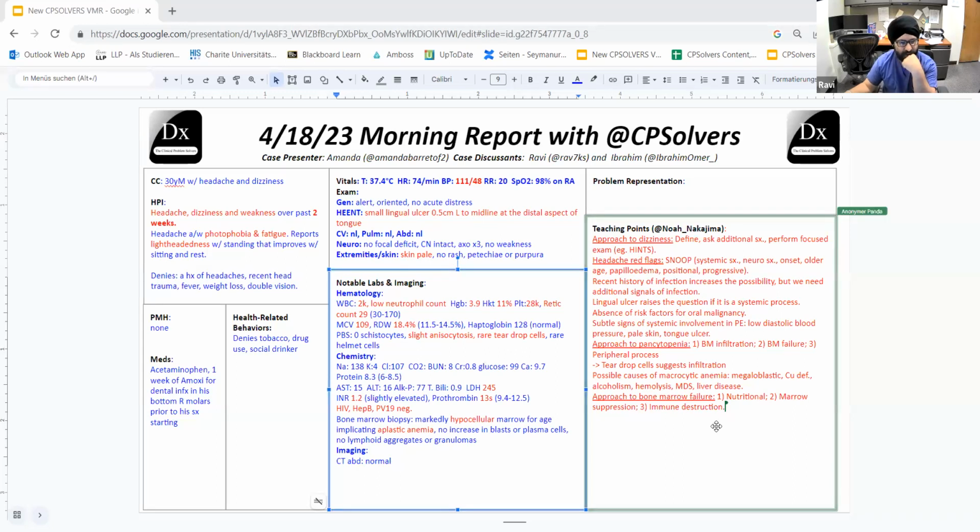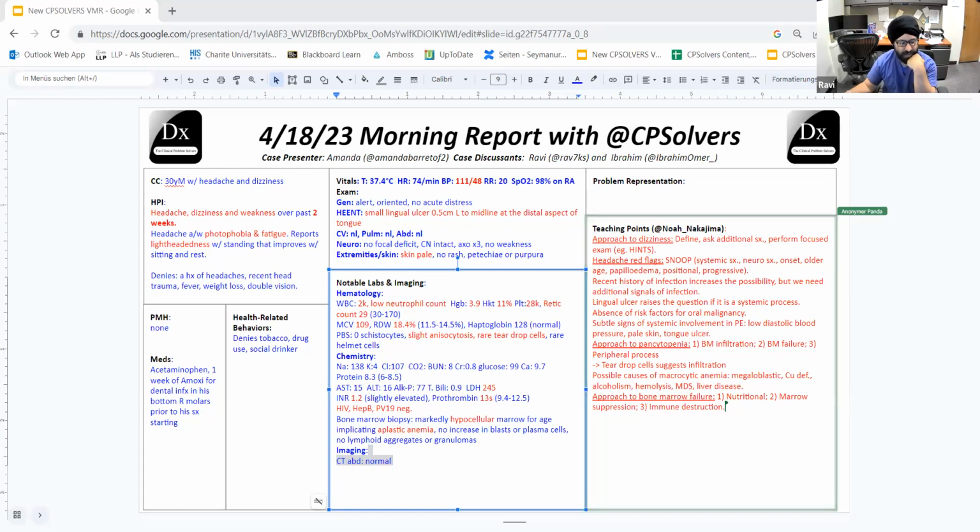Beyond that, we have to start thinking about toxic effects and what can happen with the bone marrow and aplastic anemia. I also just want to mention PNH as a cause of aplastic anemia as well. And MDS usually will have a hypercellular bone marrow; in this case, we have a hypocellular one.